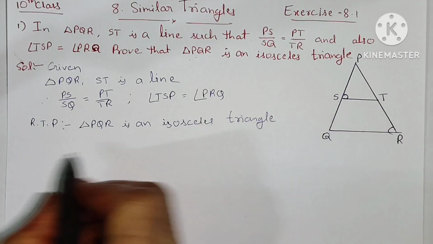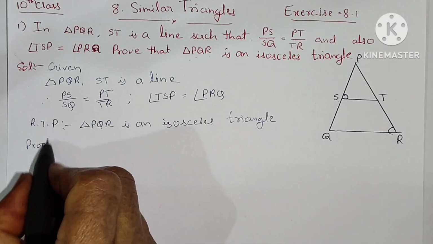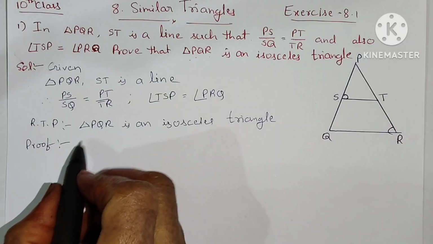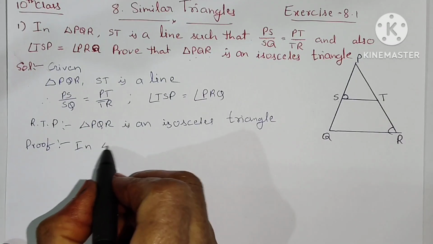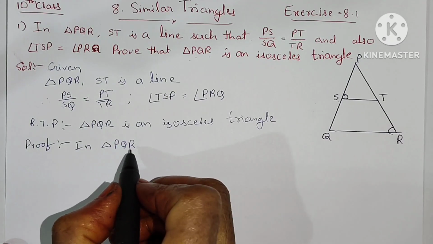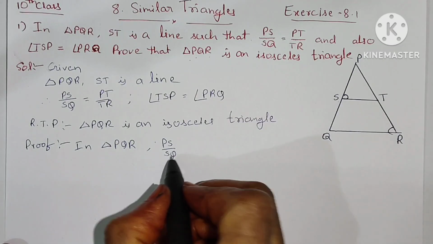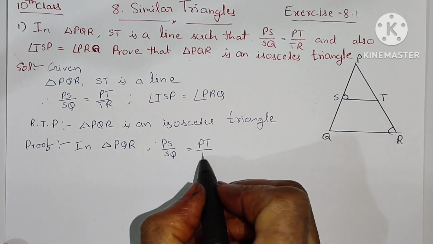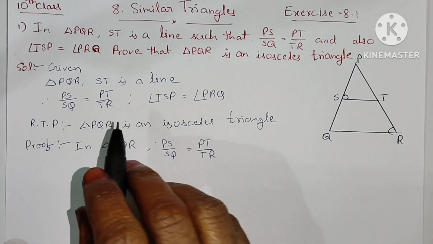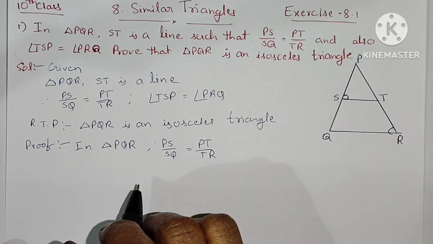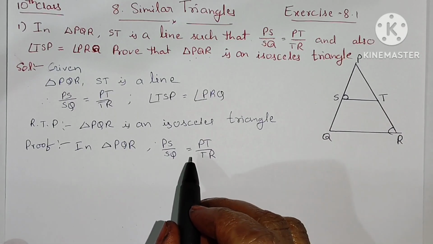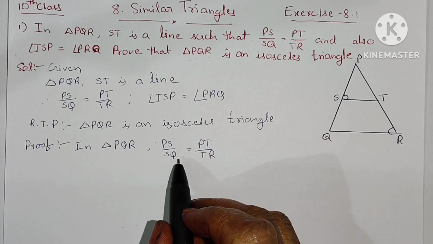First we write the proof. In triangle PQR, we already know that PS by SQ equals PT by TR, given in the question. So this is the basic proportionality theorem.